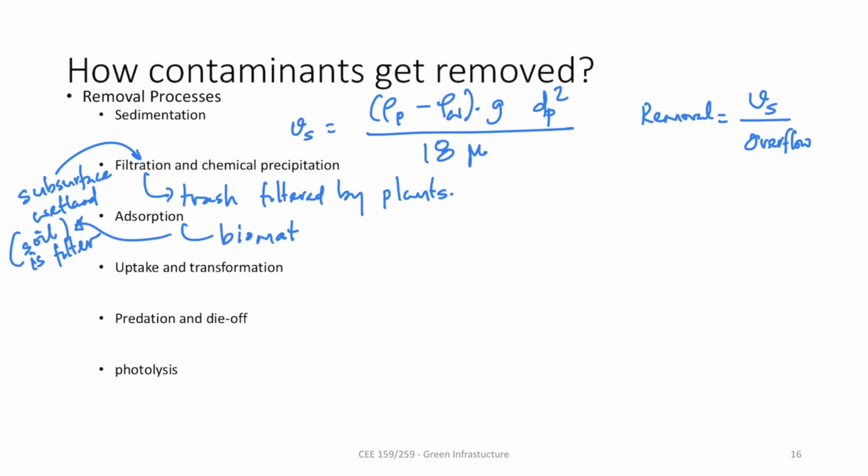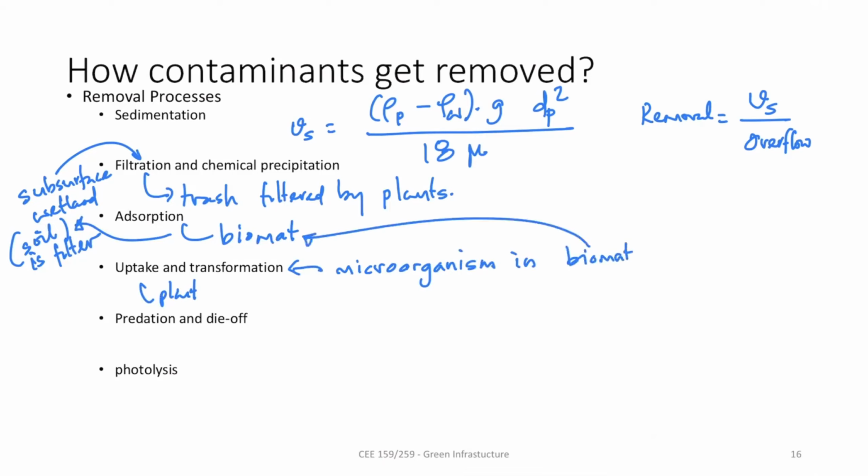Uptake and transformation are basically by plants, and this is for the microorganisms in the biomat. So if you want to extend the removal, you have to put in more plants, or make sure the biomats are pretty thick. Predation or die-off is only for pathogens. If you have pathogens, they can die because other microorganisms compete for the nutrients. But most of the time for pathogens, it's because of sunlight.